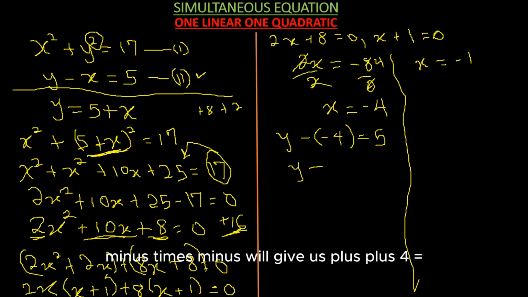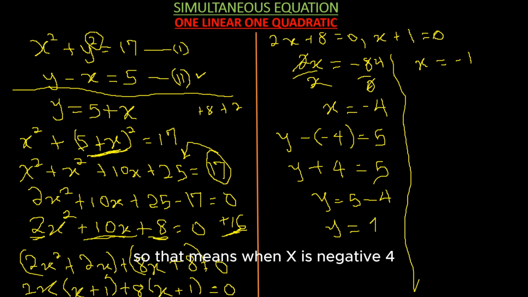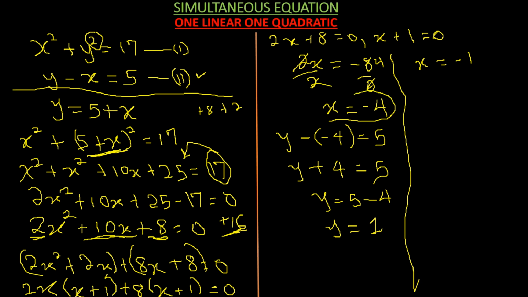Minus times minus gives us plus, so y plus 4 equals 5. When we make y the subject, we have y equal to 5 minus 4. So y is equal to 1. That means when x is negative 4, y is equal to 1.